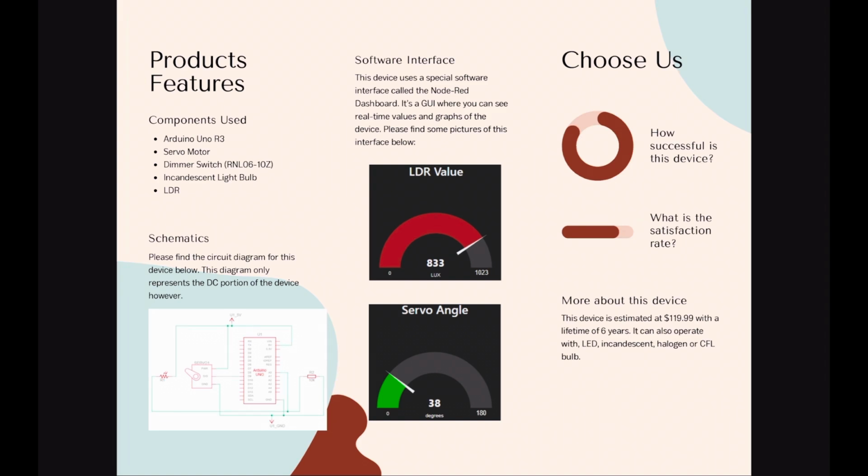The Arduino is the heart of this device. That is what sends information to the LDR and also PWM signals to the servo motor. The servo motor receives these PWM signals, and the servo motor is mechanically attached to the dimmer switch, which then turns the knob on the dimmer switch, which then increases or decreases the light bulb depending on the LDR's value.